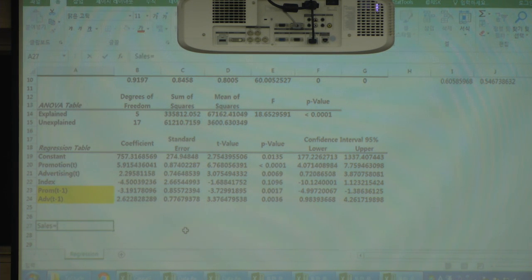Sales is 757 plus 5.9 promotion, current promotion, plus 2.3 advertising, current advertising, minus 4.5 index, minus 3.2 previous promotion, plus 2.6 times previous advertising.